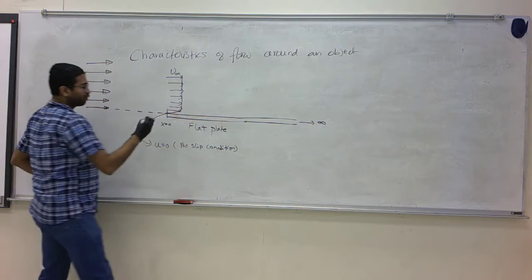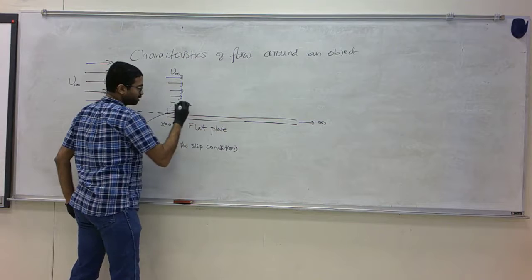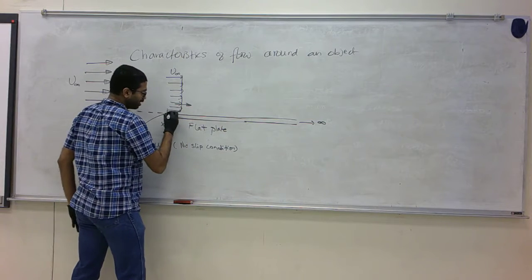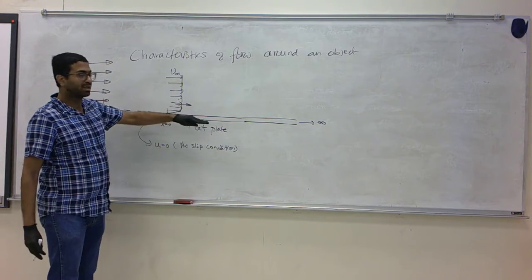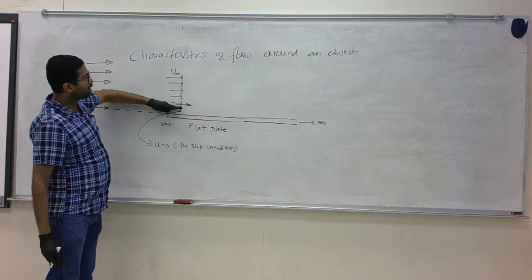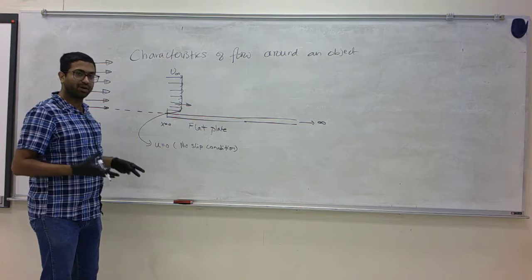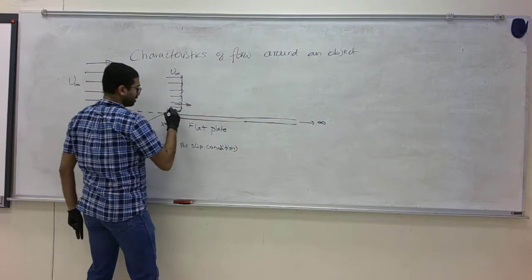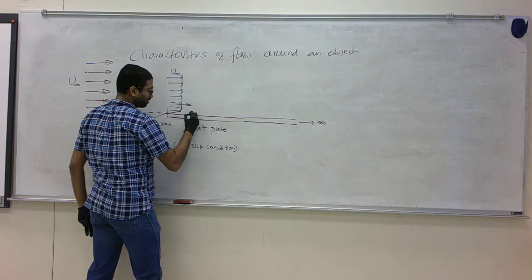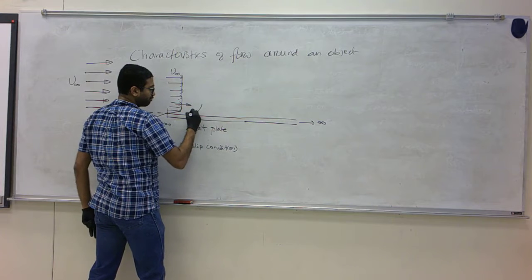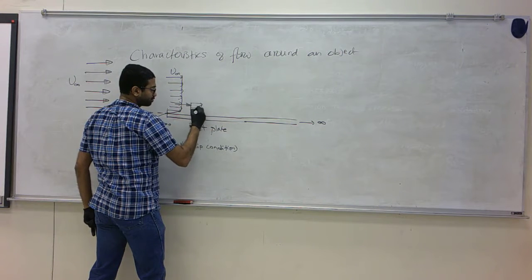As the flow advances along the plate, the presence of the plate is felt by more and more parts of the flow. Like we saw in internal flow about fully developing or developing region, the velocity profile becomes more and more influenced by viscosity.